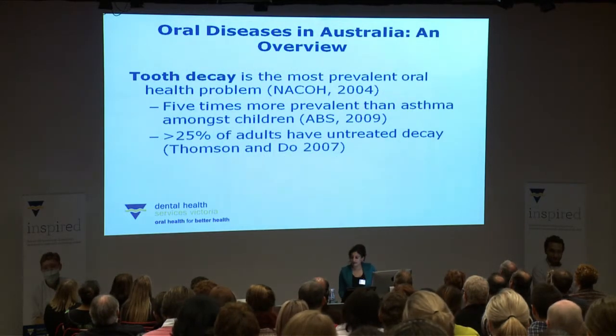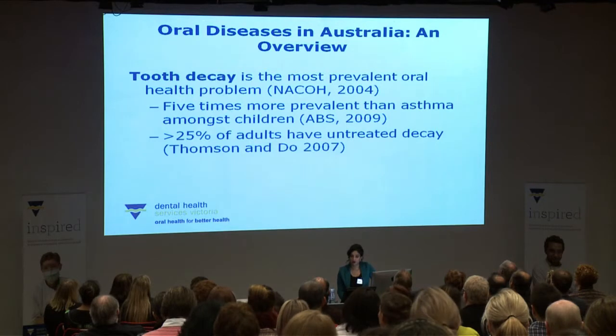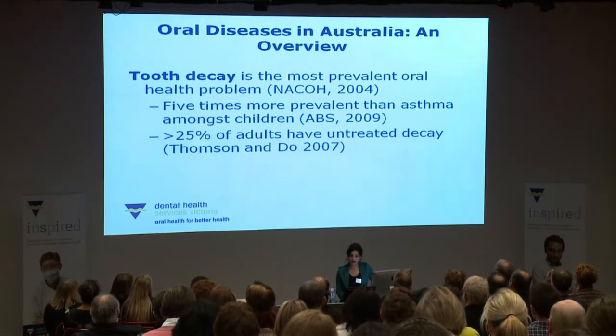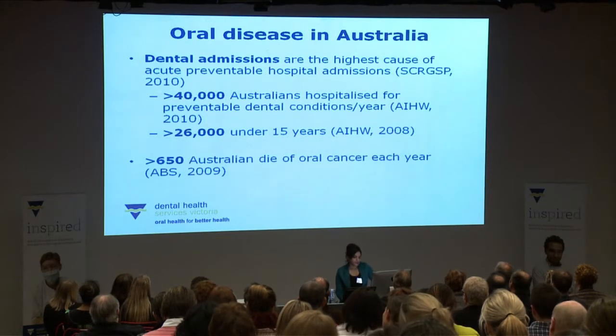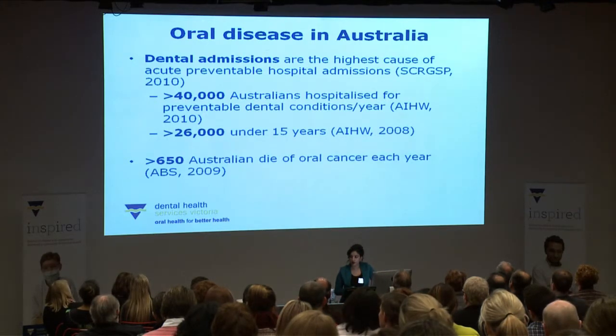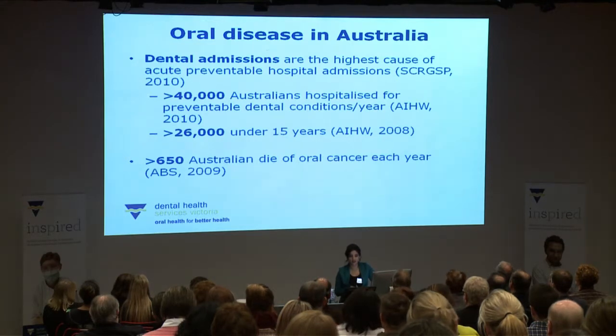tooth decay is the most prevalent health problem in Australia, and it is 5 times more prevalent than asthma. More than 25% of the adults have untreated tooth decay. Dental diseases comprise the highest cause of acute preventable hospital admissions, and more than 40,000 Australians are hospitalized for preventable dental conditions every year.